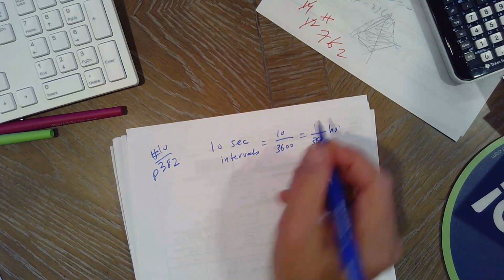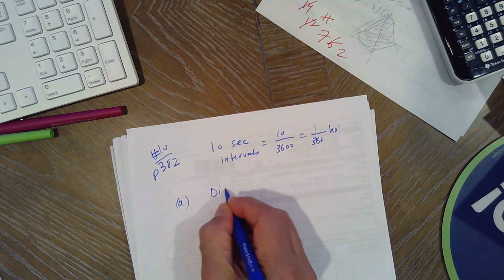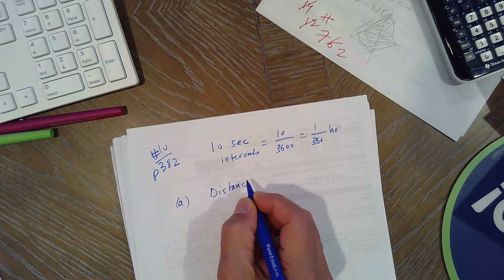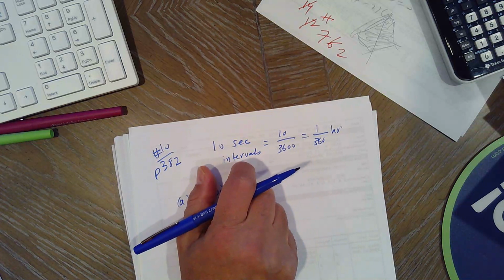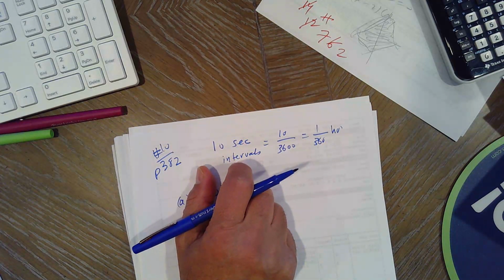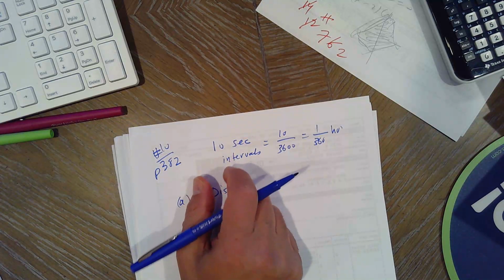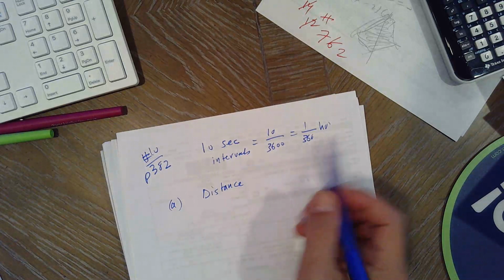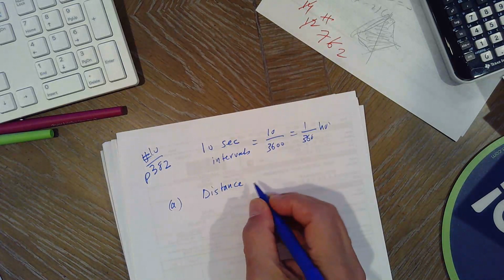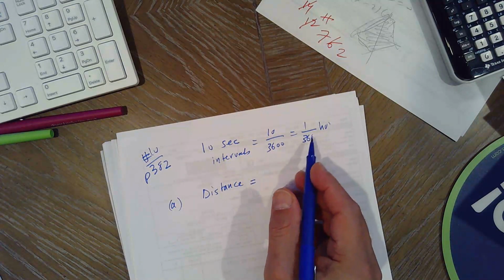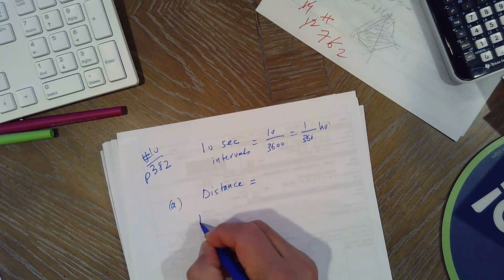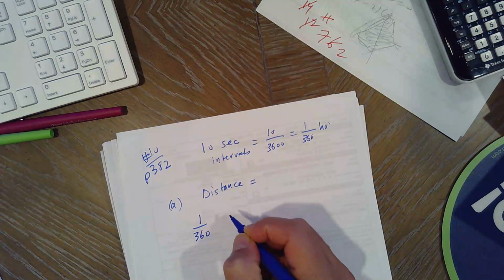Okay? So they want the distance traveled during this time period using the velocities at the beginning of the time intervals. So for distance, we have the time and we have the velocity. The time is 1 over 360 times each velocity.